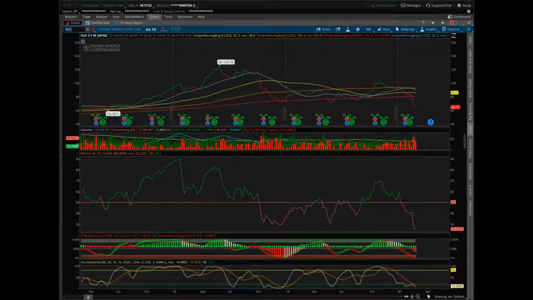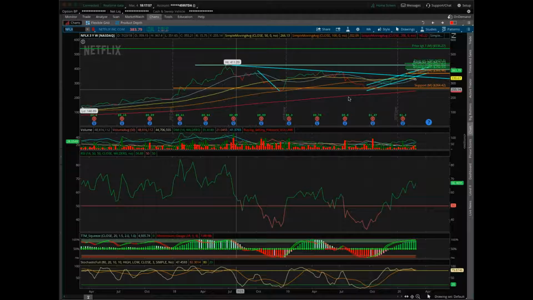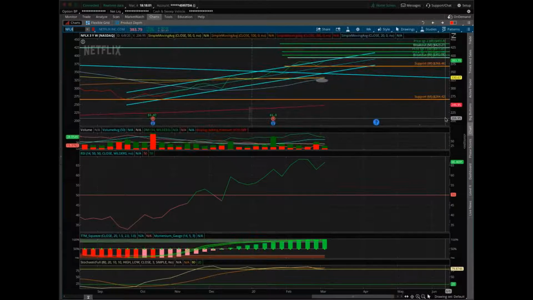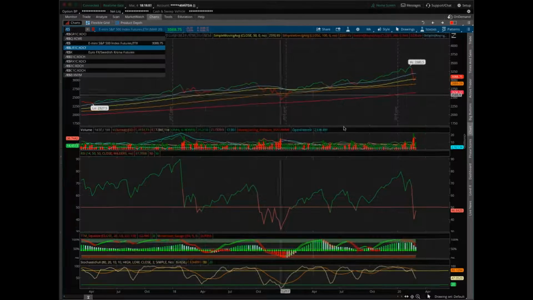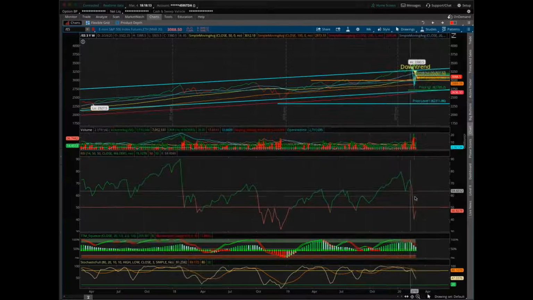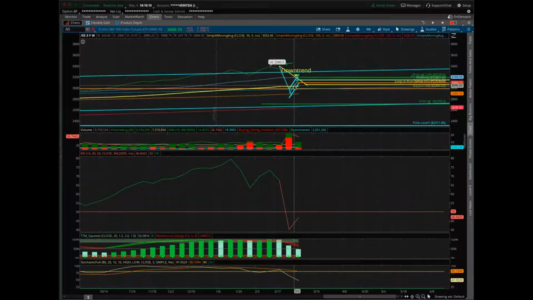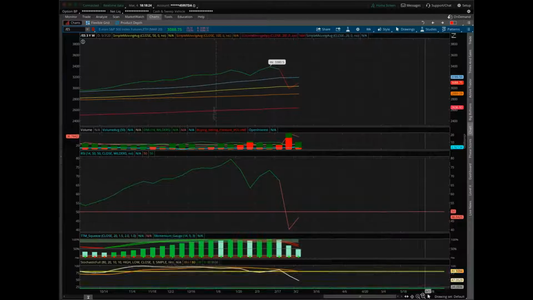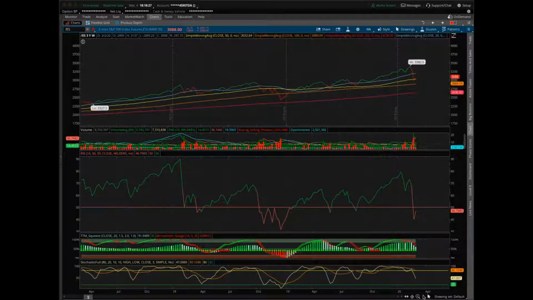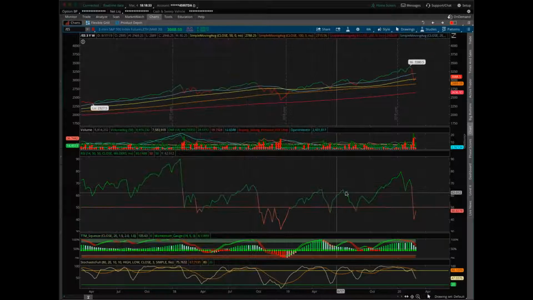So let me see if I can find a good divergence. No real divergence.